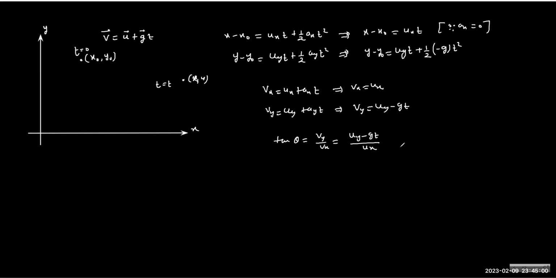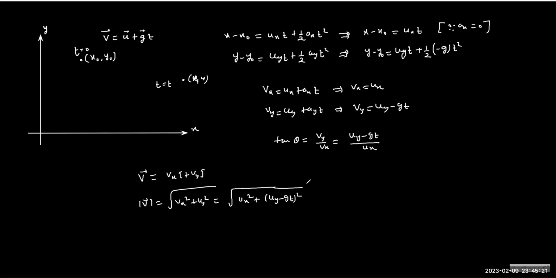Is it clear? And to find the net velocity, you can add as vx i cap, vy j cap, and so get the modulus. Okay, so this is how we proceed.